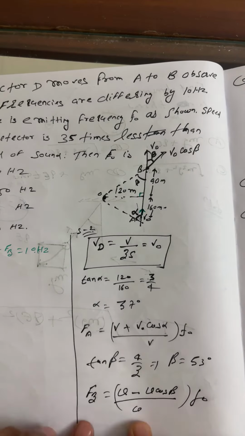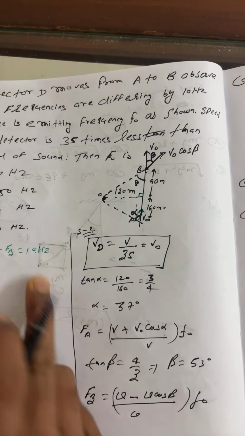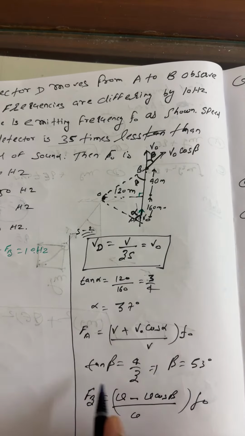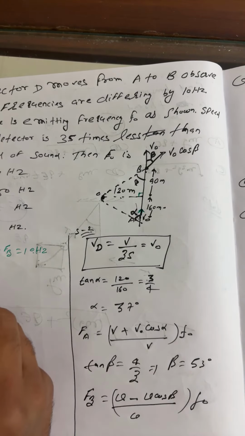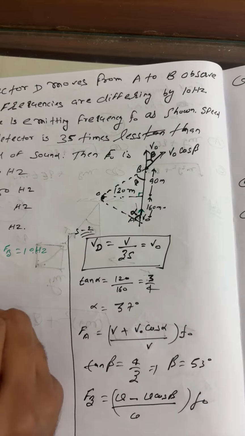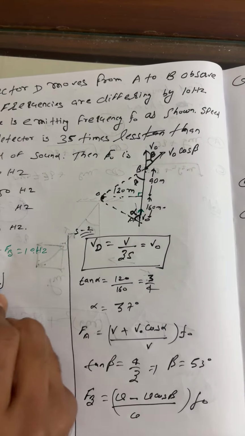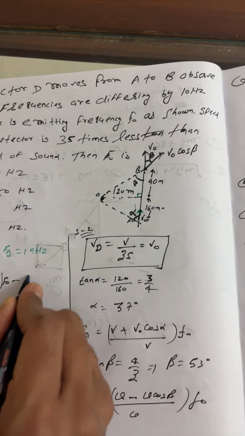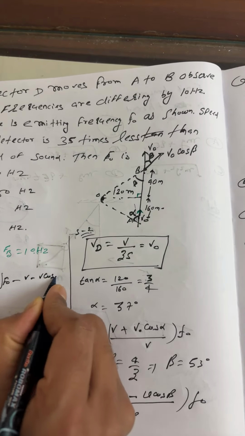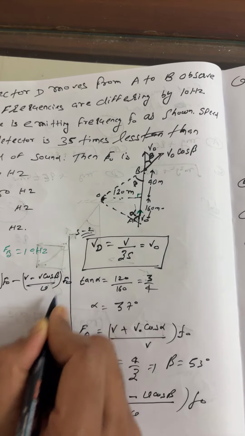Now what is asked in the question? Step 2 I explained, but step 1: FA minus FB is what means the beat frequency. Simple, just two subtractions. FA is V plus V naught cos alpha upon V, into F naught, minus FB, which is V minus V naught cos beta upon V, into F naught.